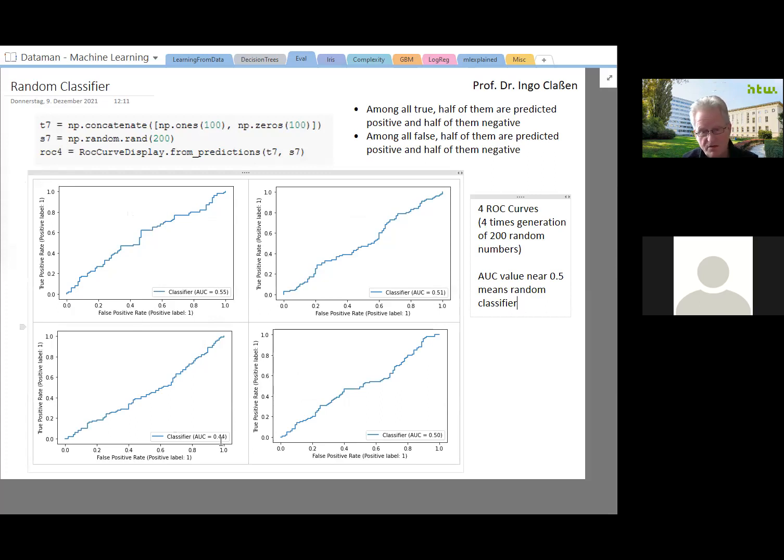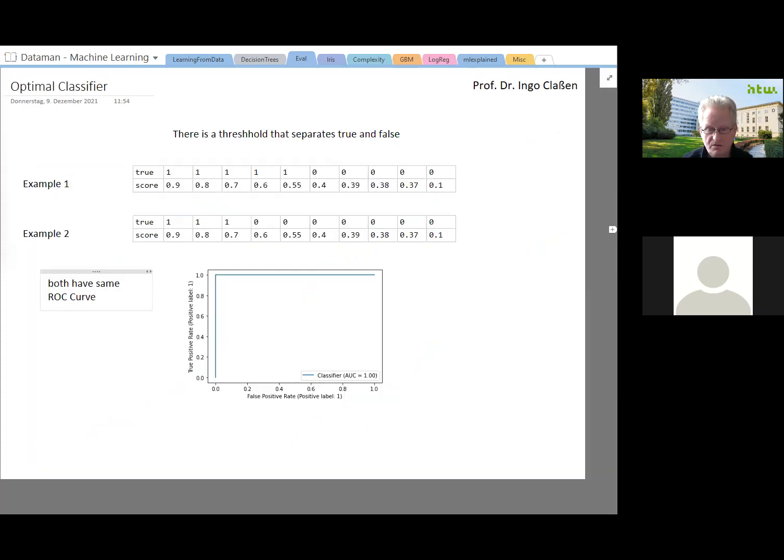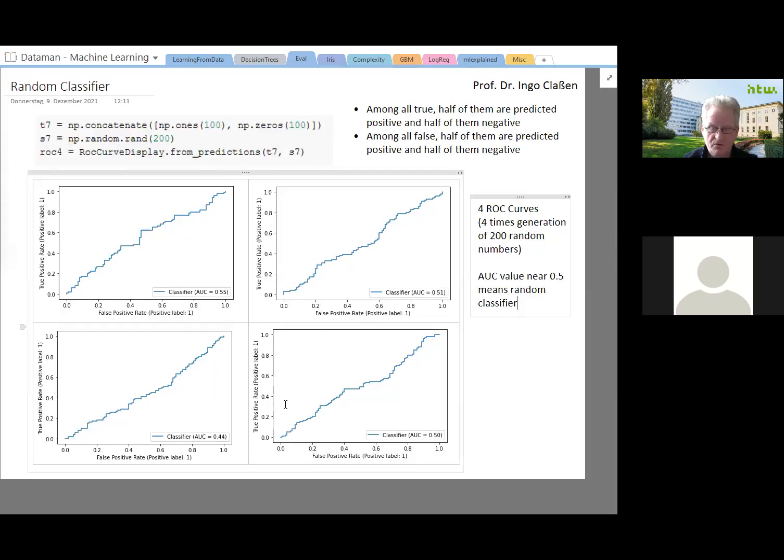So an AUC value of roughly 0.5 would be a random classifier. The optimal classifier would have an AUC value of 1, the random classifier roughly 0.5, and between those values we have our real classifiers. The larger the value, the better the classifier is.